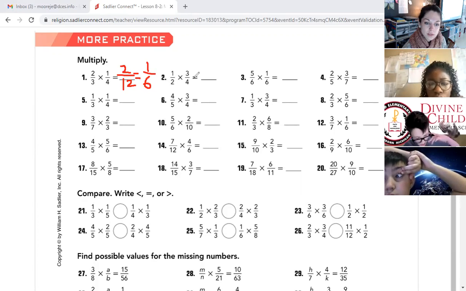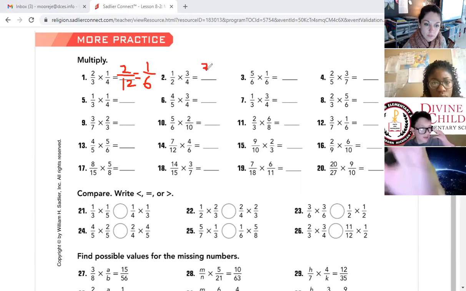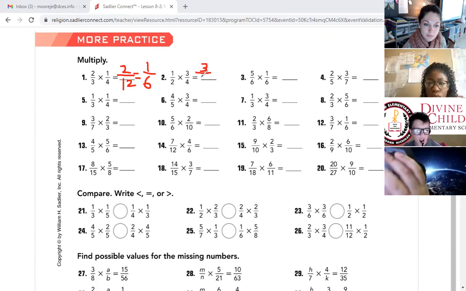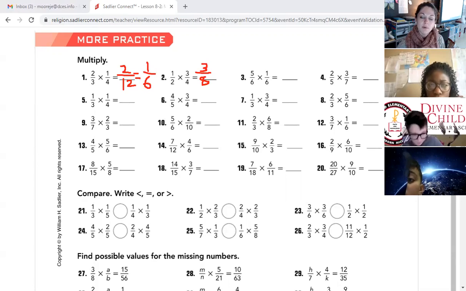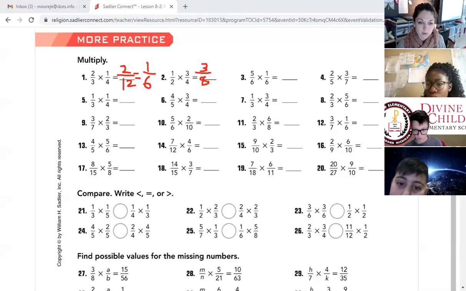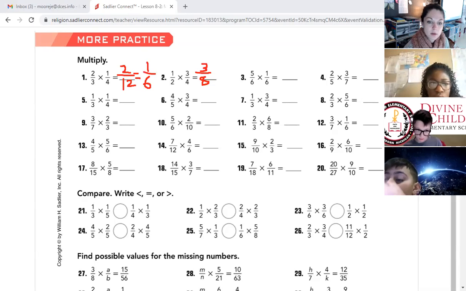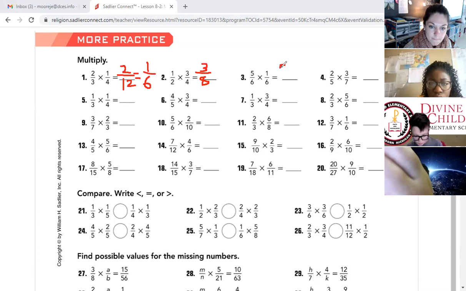Number 2, 1 times 3, 3. 2 times 4, 8. Do they share any common factors besides 1? 3, no, and 8 is 2, 2, 2. So no factors other than 1. I'm done. How about this one? 5 times 1, 5. 6 times 6, 36.